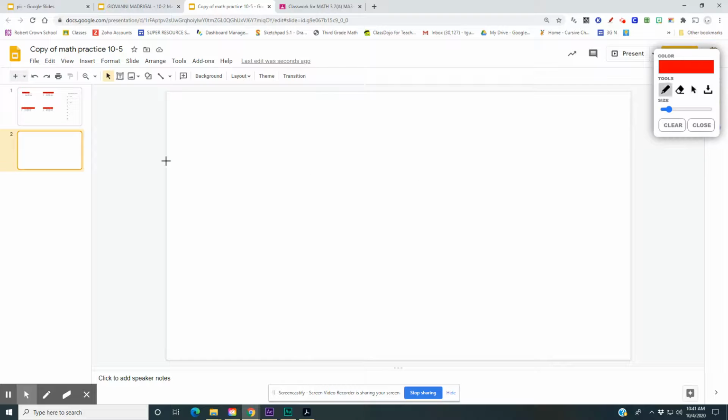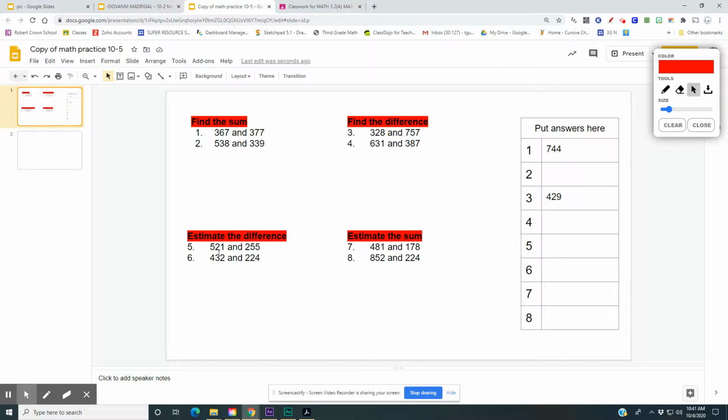So 521, I know rounds to 500. So 500, and it says difference, I want to subtract, minus 255. Well, the 2 is in the hundreds column. I look next door. The 5 tells me to change it.